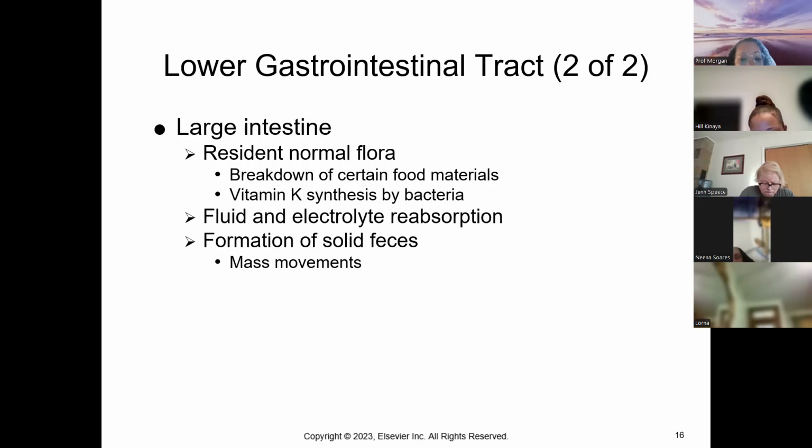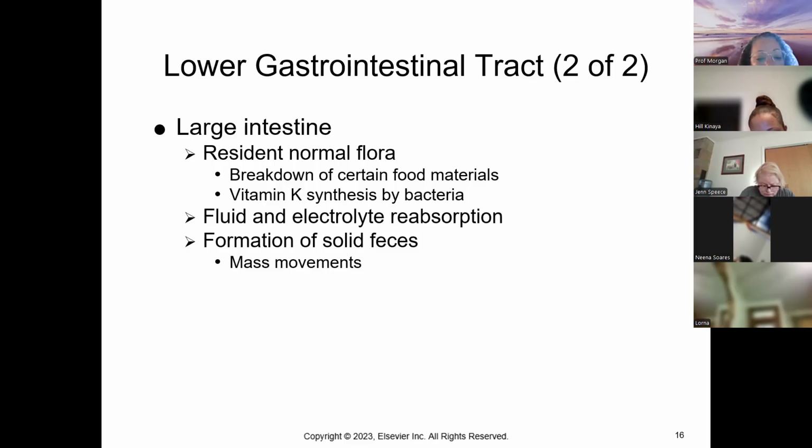Resident bacteria that you have there will help to break down certain food materials and convert bilirubin into urobilinogen. That gives the feces the brown color. And that makes the poop brown.